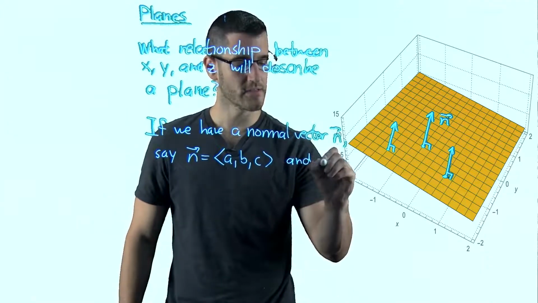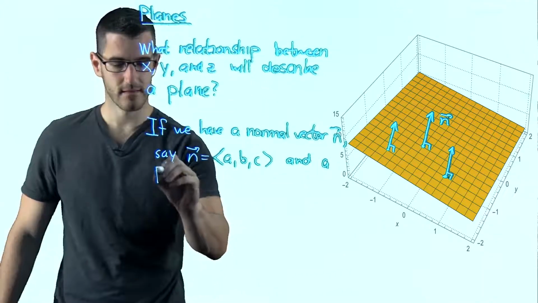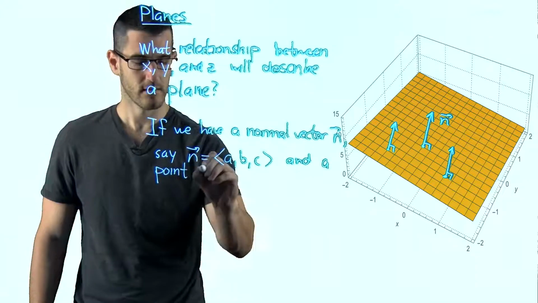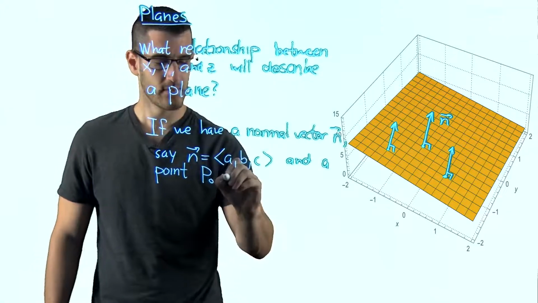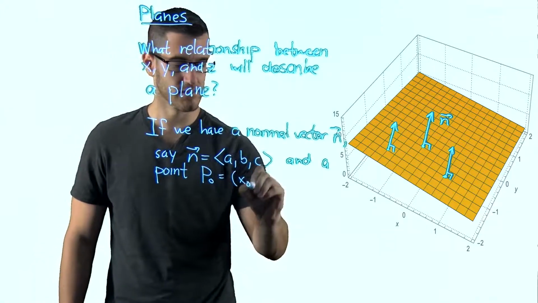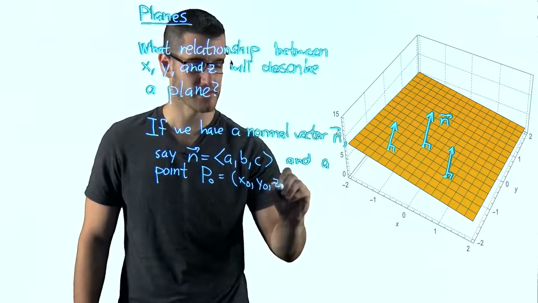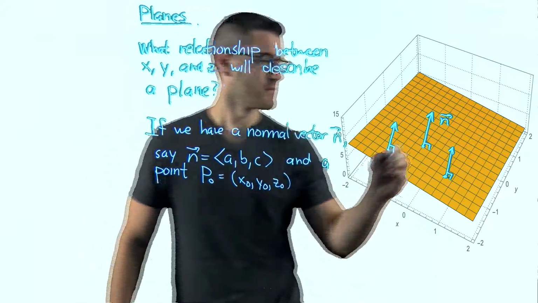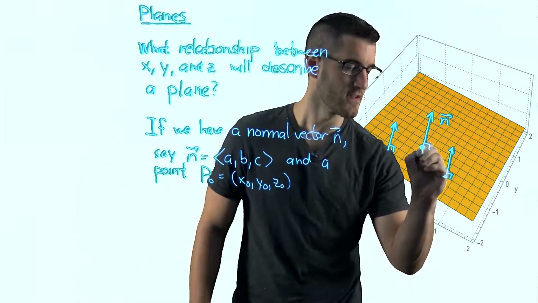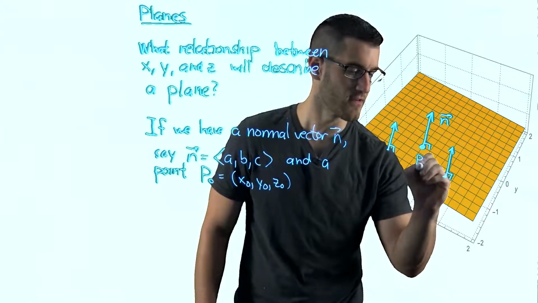And let's say we also have a point, p0. We'll just say that we have some x, some y, and some z. And so we'll call this point here p0.